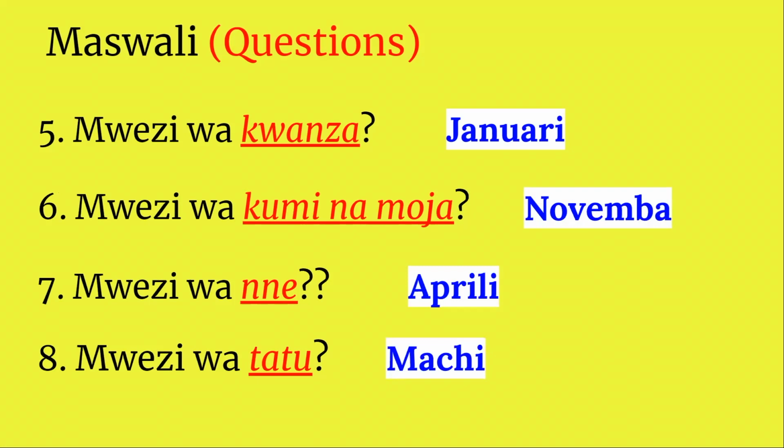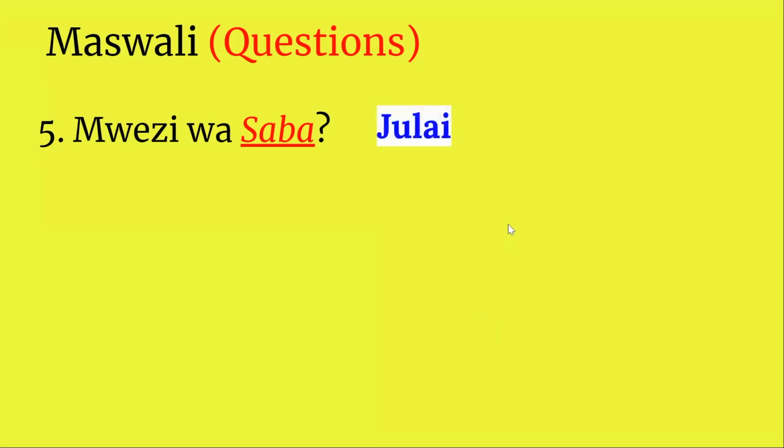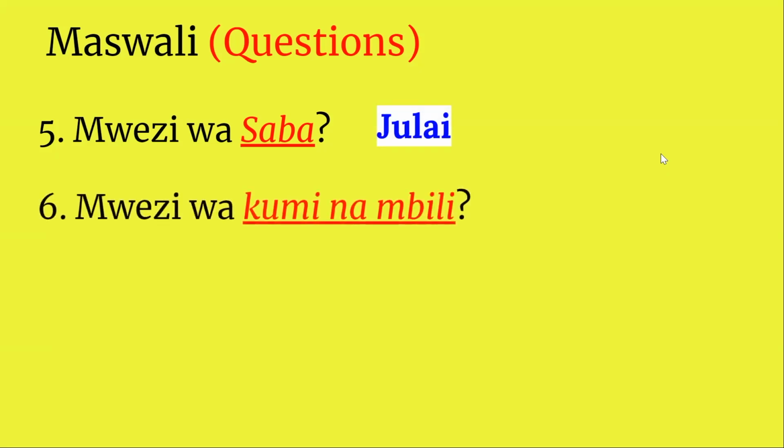So we have January, November, Aprili, Machi. Mwezi wa saba. Julai ni mwezi wa saba. Saba is 7. Mwezi wa kumi na mbili. That would be 12th month.